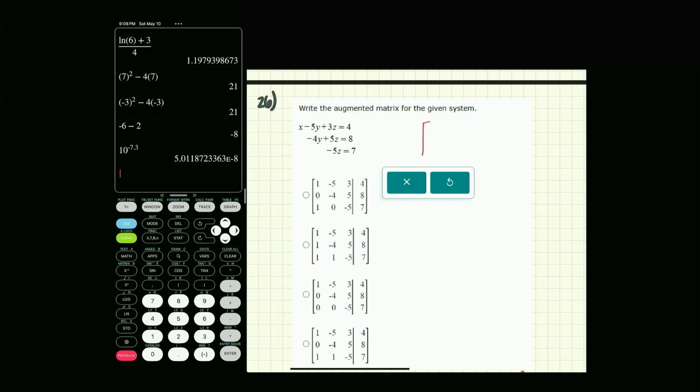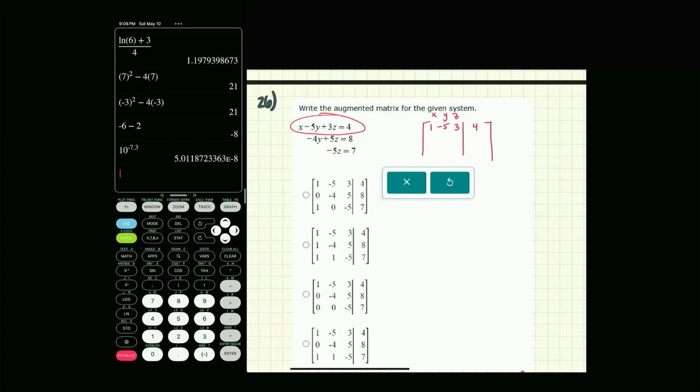So, keeping in mind, we've got x, y, and z. For this first equation, I can see that our x term has a 1 in front of it, the y term has a negative 5, and the z term has a 3. And then the answer is 4.